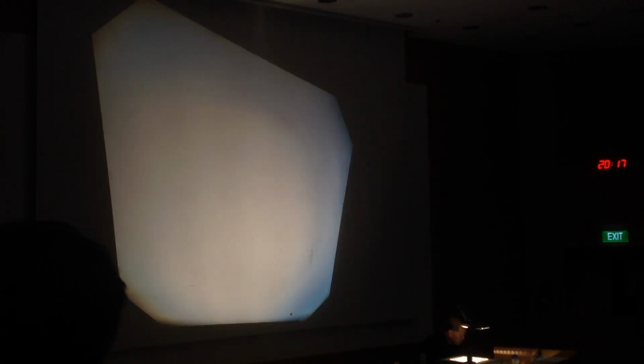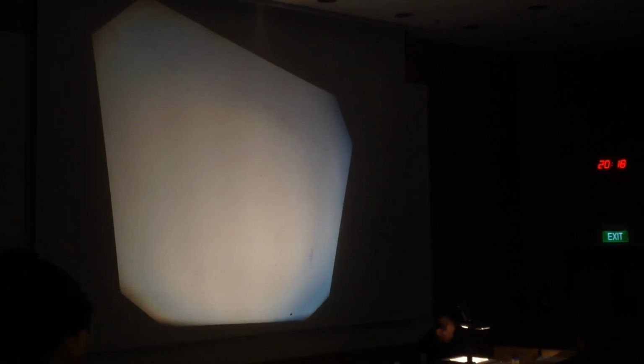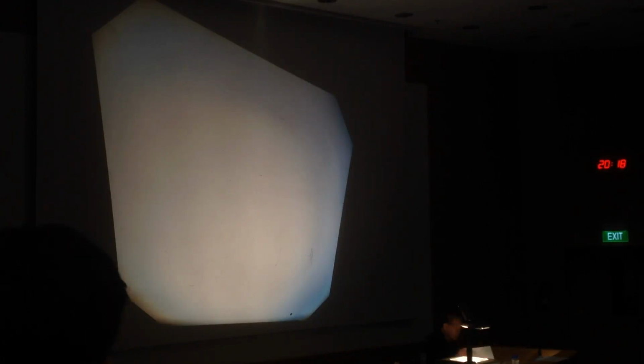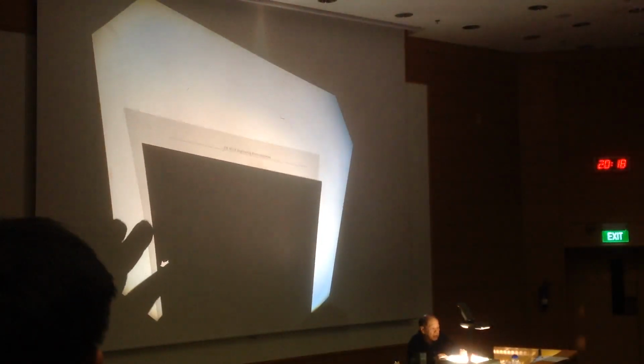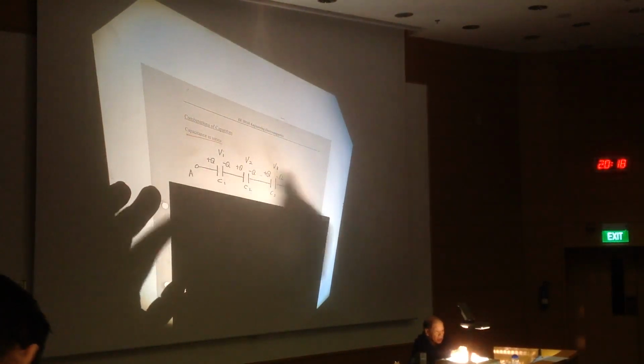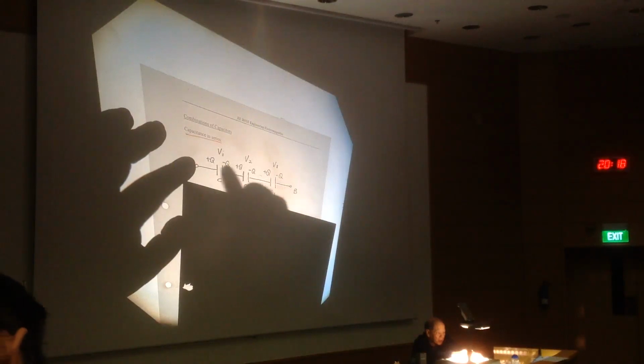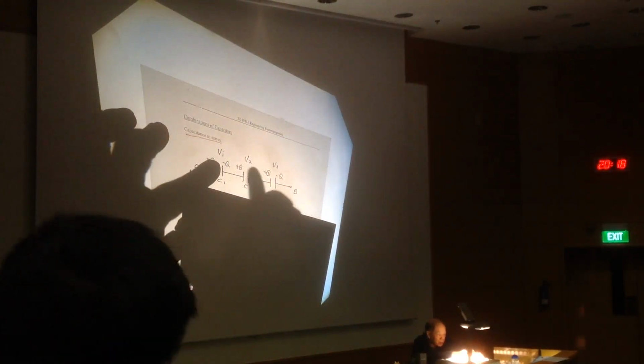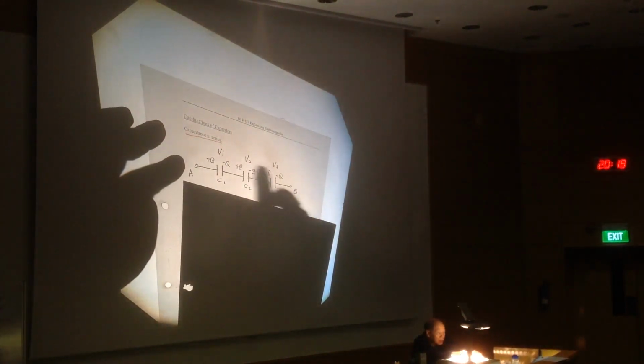Okay, so let's go on further now. This is just to review what you have learned before: capacitors in series. This is terminal A, this is terminal B, and they are in series. You can see plus Q, minus Q, minus Q induced, plus Q, minus Q and so on. So the voltages across them, V1, V2, V3, add up.